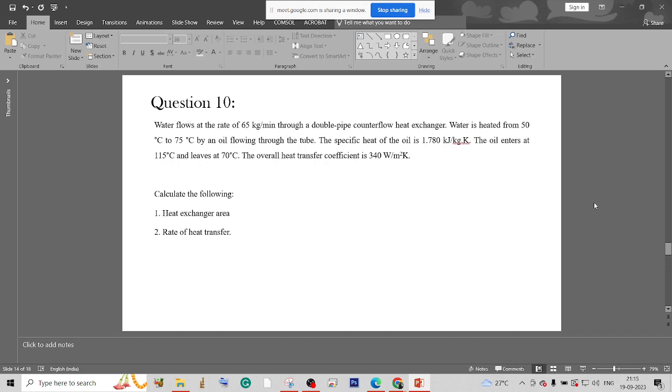For oil also, the mass flow rate is not required. The specific heat Cph is given, so this is 1.780 kilojoule per kg Kelvin.